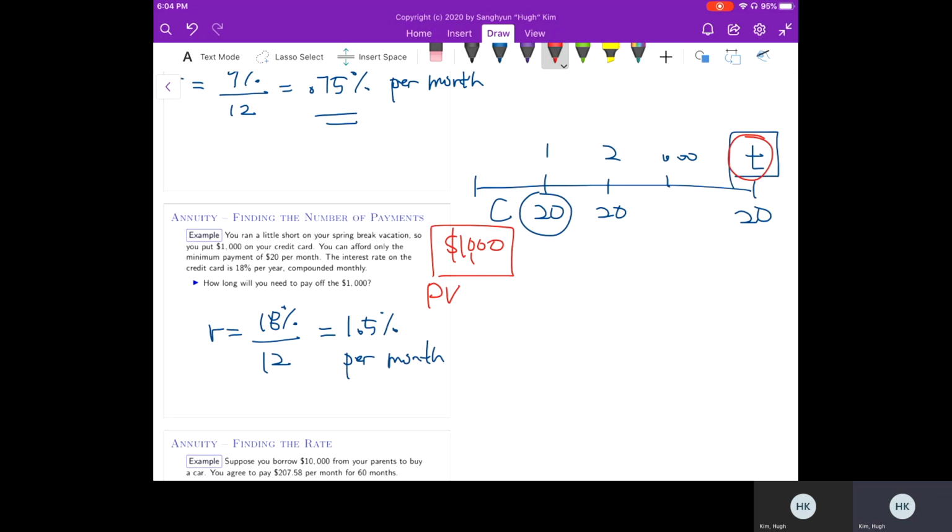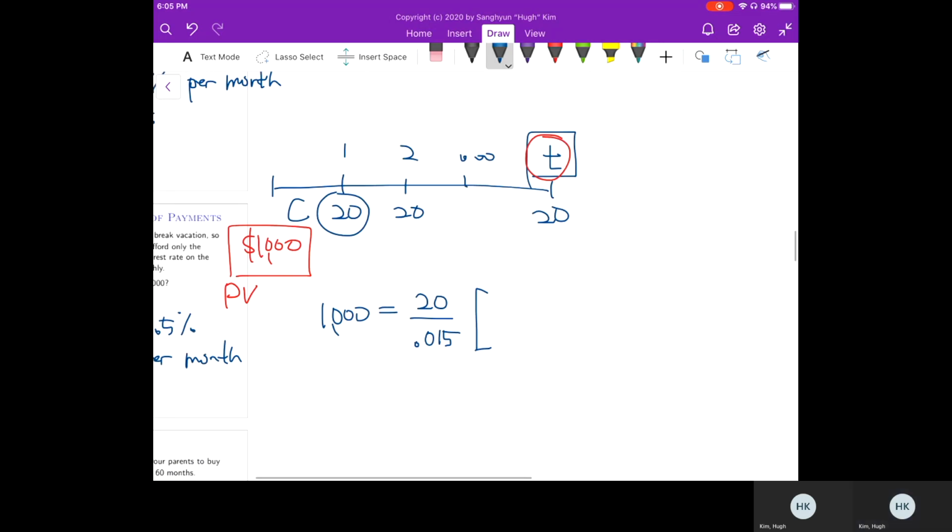So you can set up the present value of annuity formula. The present value is 1,000, that is equal to 20 over 0.015, 1.5%, times 1 minus 1 over 1 plus 0.015 to the t. So t is the unknown here, and we can solve this equation for t.